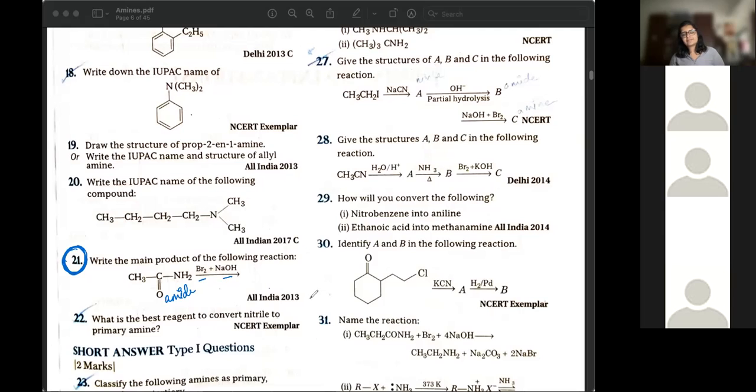Dhriti also got it. Very good. Ansh got it.